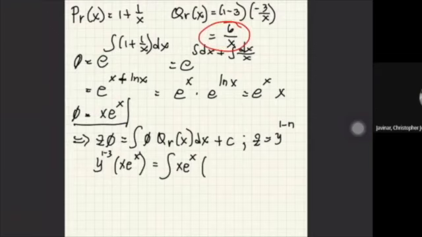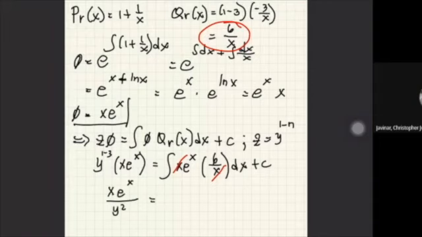Okay, so 6 over x dx plus c. X e to the x over y squared equals 6. What's the integral of e to the x? E to the x pa rin, class, no? Plus c.